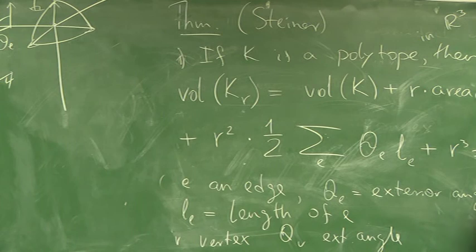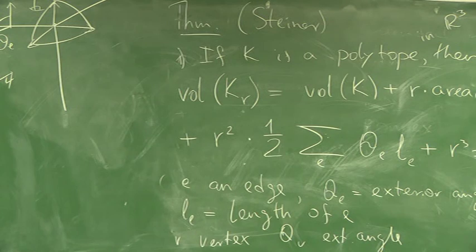The volume of KR is equal to the volume of K plus R times the area of the boundary of K plus R squared times 1/2 the integral over the boundary of K of kappa 1 plus kappa 2.